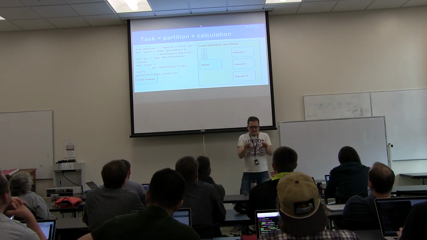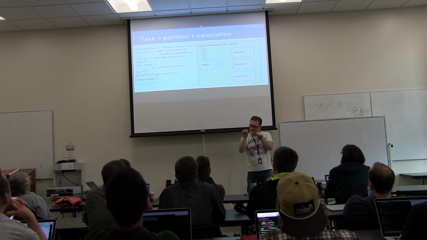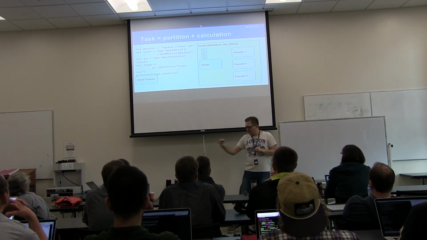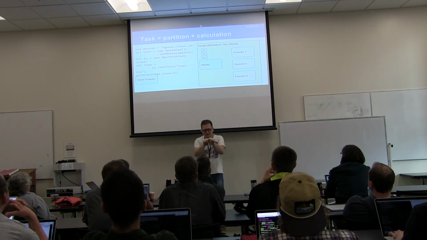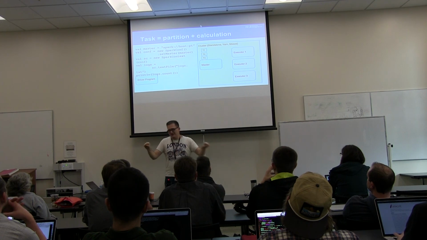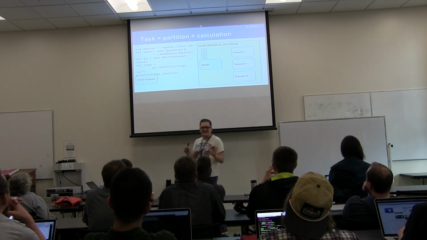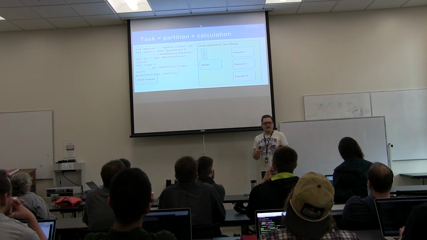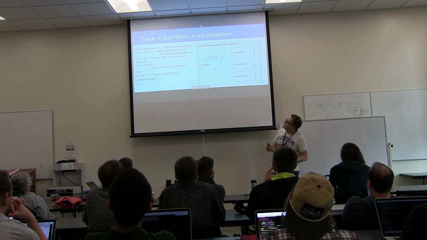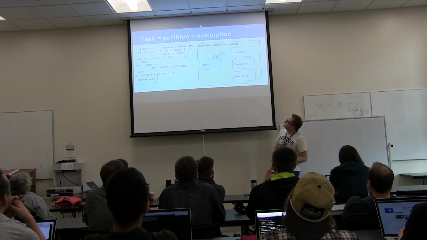It combined it with the first partition, and that thing we call a task. This is our data and our calculation. It took another partition, the same calculation, combined it, yet another task. Third partition, the same calculation, the third task. Those tasks are serialized and sent throughout the cluster to your worker nodes, which will run the executors.